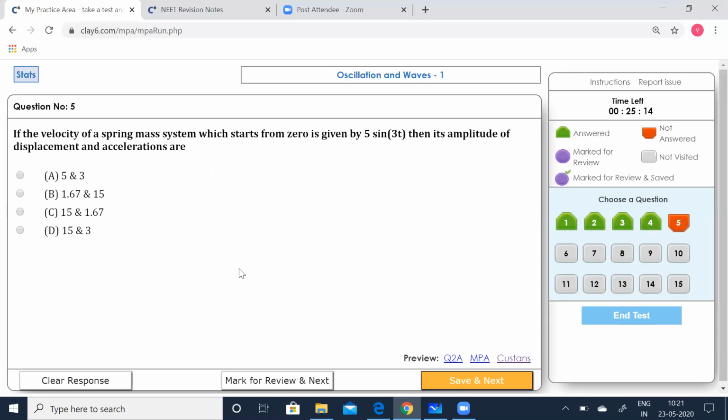If the velocity of a spring mass system, which starts from 0, is given by 5 sine 3t, then its amplitude of displacement and acceleration are 1. All right. So the displacement is given by 5 sine 3t.